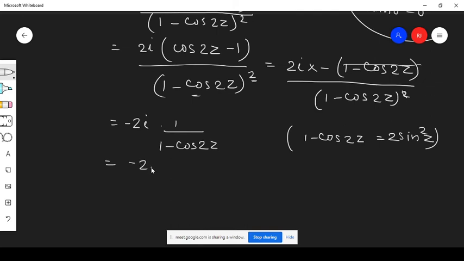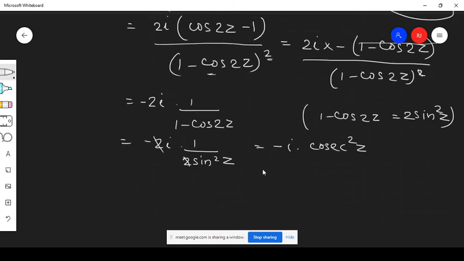So that is minus 2i into 1 upon 2 sine square z. 2 gets cancelled. So that is minus i into 1 upon sine square z. We know 1 upon sine theta is cosec theta. So this becomes cosec square z.